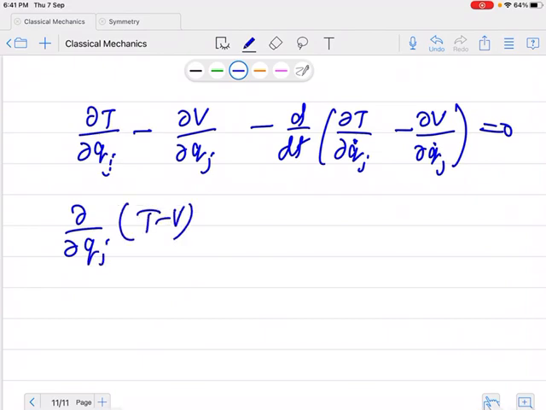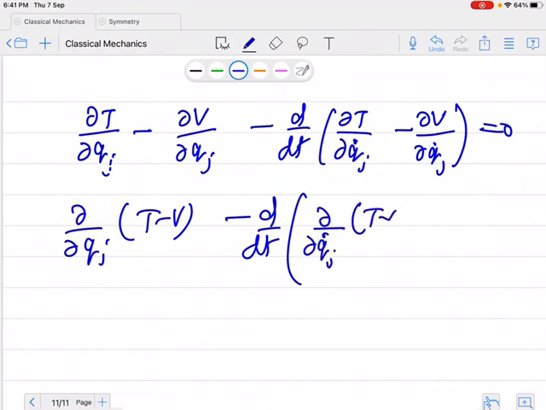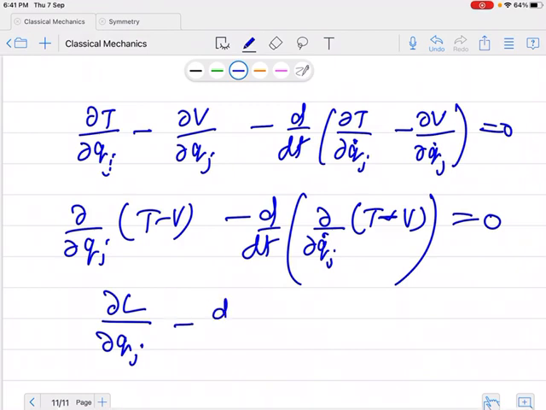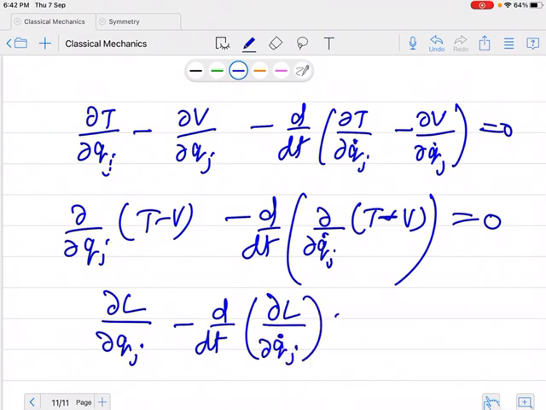T minus V, and similarly T minus V. So del L by del qj minus d by dt of del L by del qj dot is equal to 0.